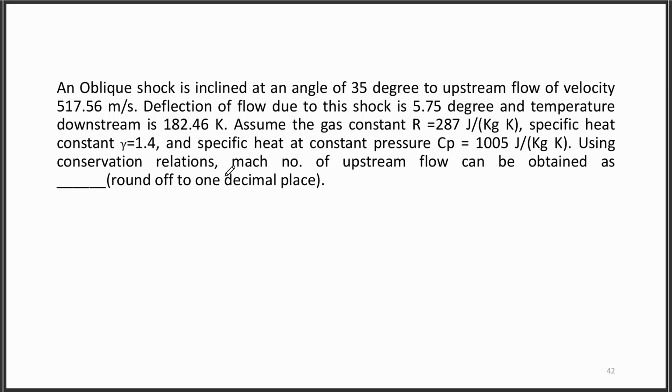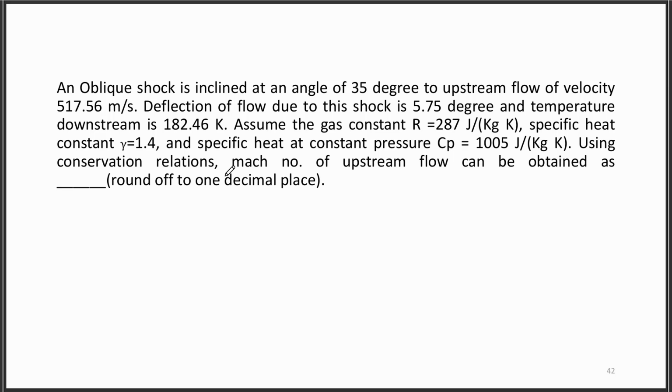Assume the gas constant R equal to 287 and specific heat ratio gamma equal to 1.4 and specific heat at constant pressure Cp equal to 1005 joule per kg Kelvin. Using conservation relations, Mach number of upstream flow can be obtained as, rounded off to 1 decimal.